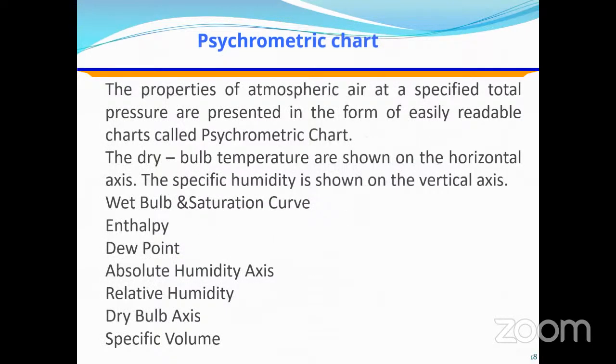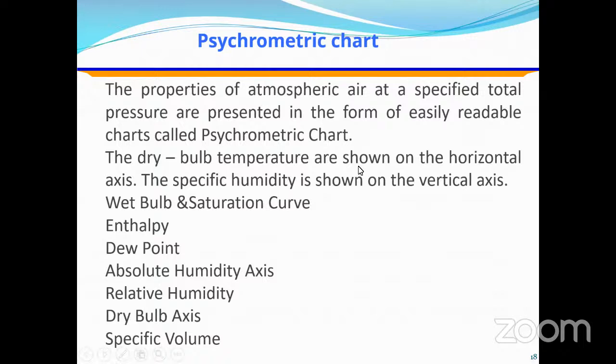Psychrometric chart. The properties of atmospheric air at the specified total pressure are presented in the form of an easily readable chart called the psychrometric chart. The dry bulb temperature is shown on the horizontal axis. The specific humidity is shown on the vertical axis.